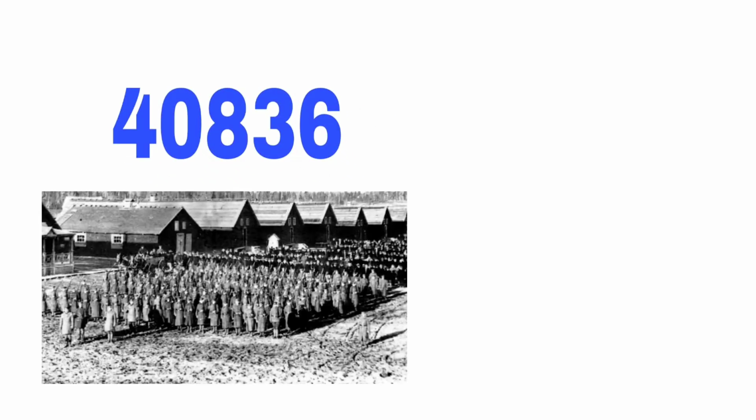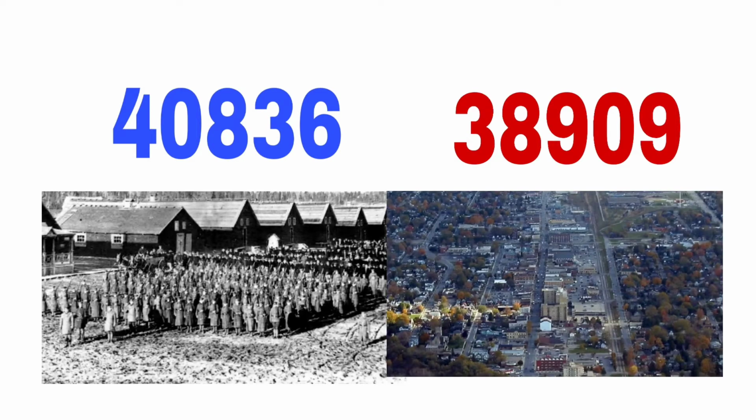Let's just give a little comparison to give perspective. The city I have grown up in has never reached that amount. It today is at 38,909. All right, my entire city that I have known, everyone in it would be in an internment camp that size plus some. Okay, let's move on.